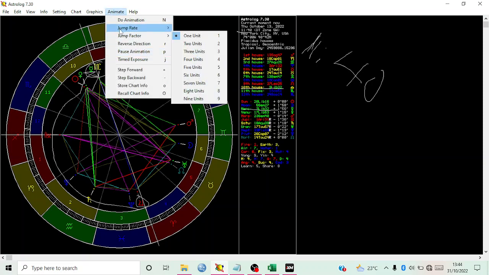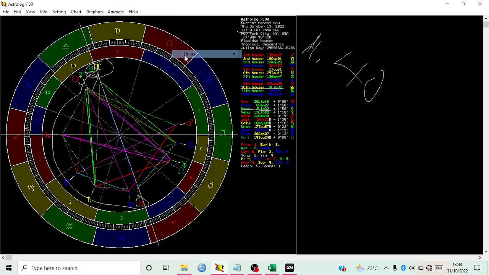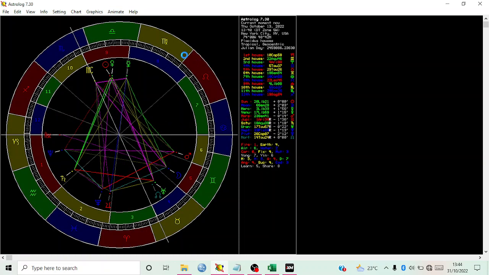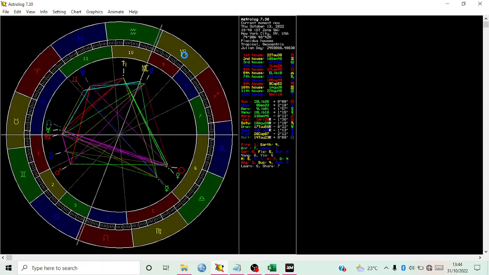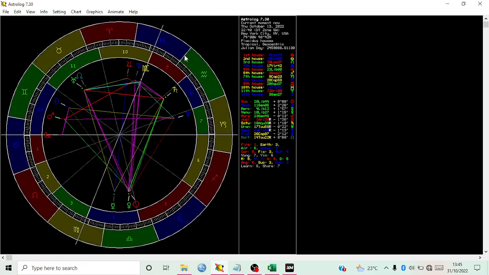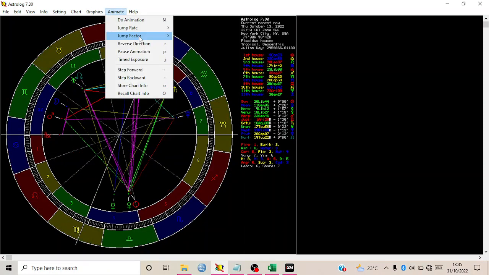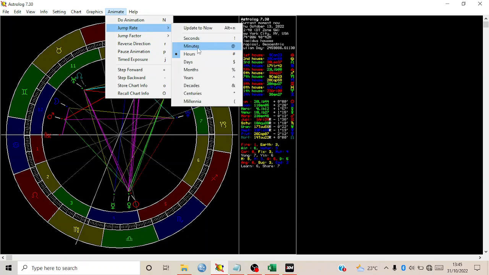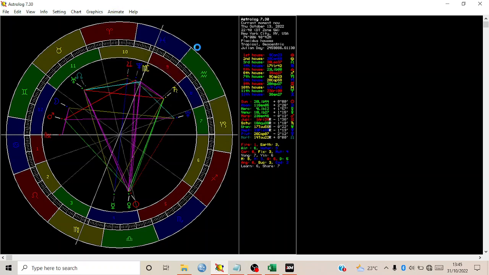So I'm going to shift the rate to an hour, then move Jupiter. So Jupiter is there. Then I move it by minutes. So Jupiter is almost right.